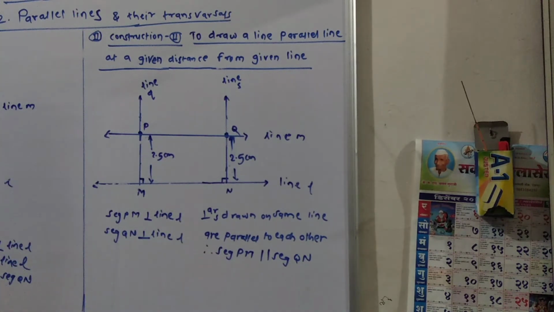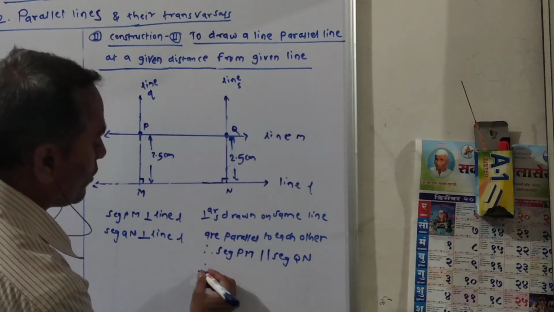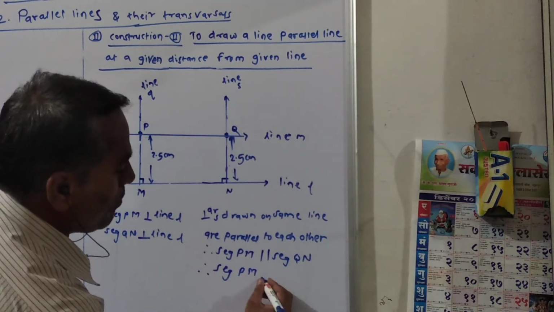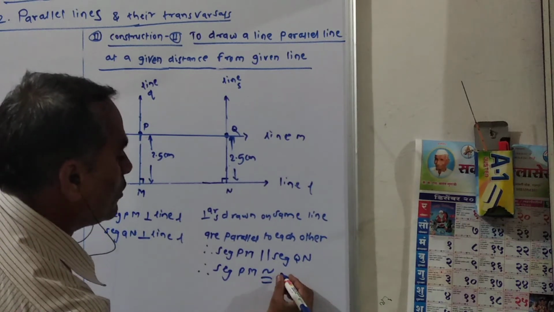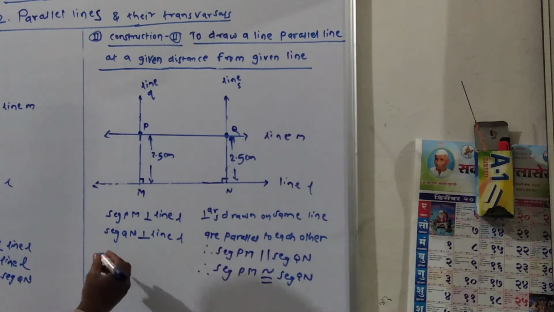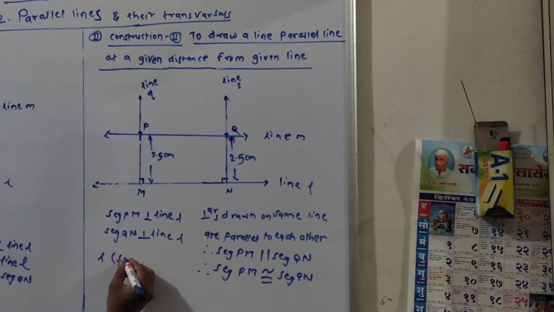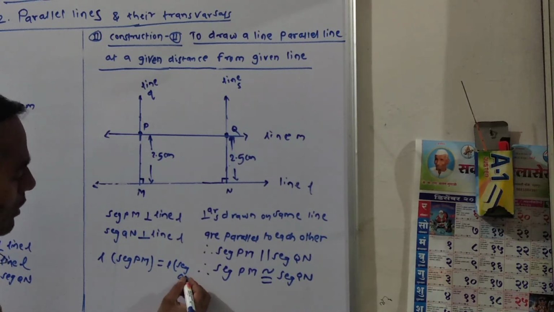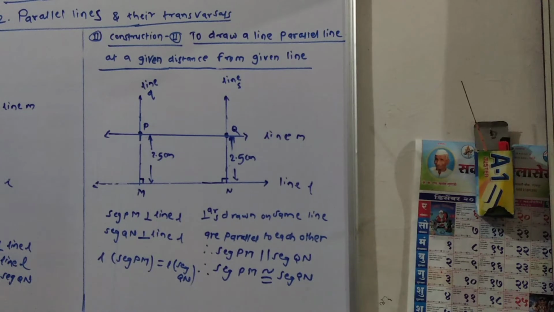So here we get one more property: segment PM is congruent to segment QN, or the length of segment PM is equal to the length of segment QN.